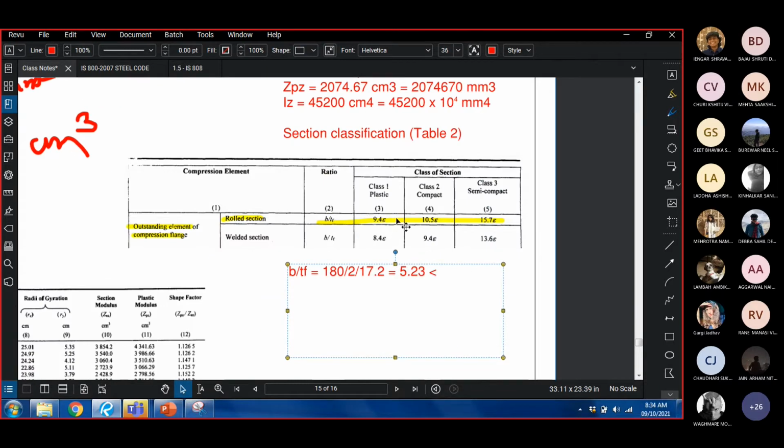So the first value is 9.4 epsilon, 10.5 epsilon, and 15.7 epsilon. Now the question is, what is epsilon?